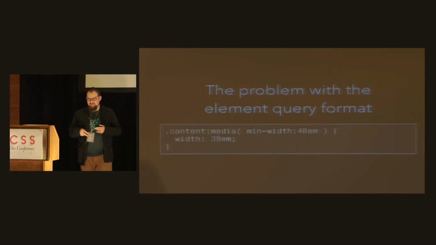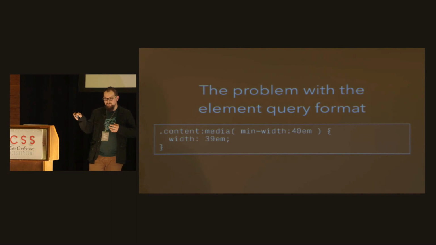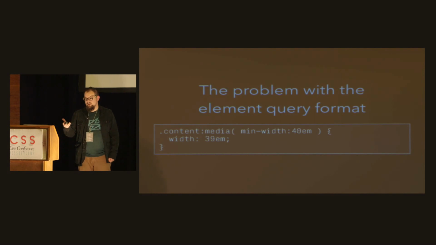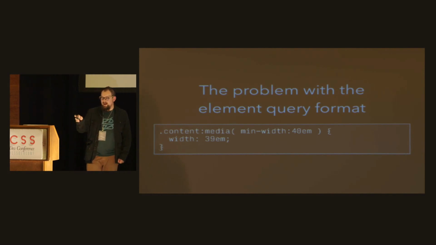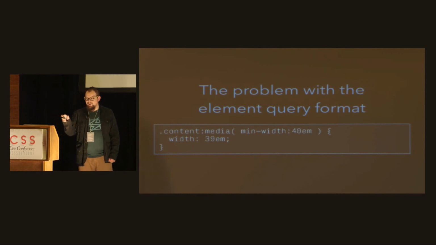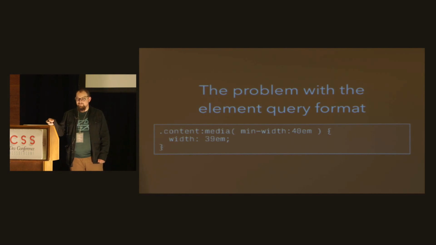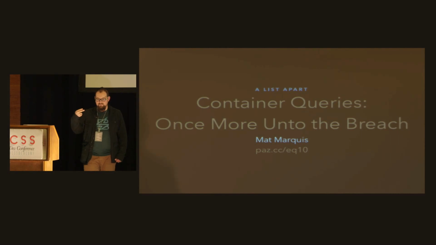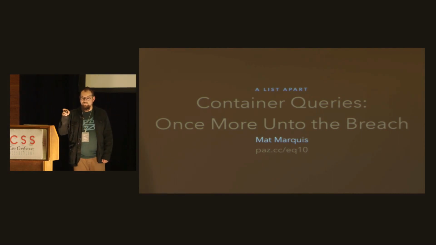The problem is we can do this with widths, and this is where the container piece starts coming into play. Before it was element, so you could actually put the watch of an element query on that particular element. So I have this particular item that once it hits a minimum width of 40em, I change the width to 30em. And with that, we start getting an infinite loop. That's where we needed to start looking into, instead of having these based off of the elements themselves, basing them on what is containing them.